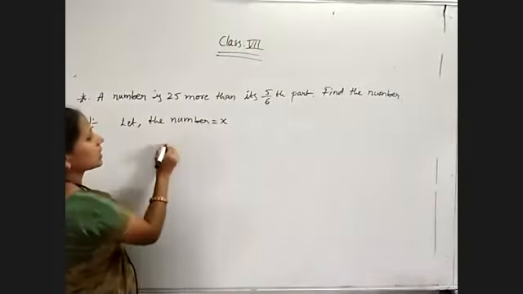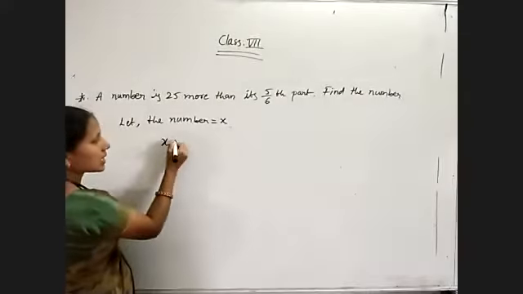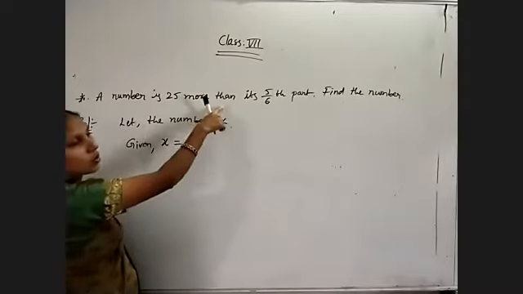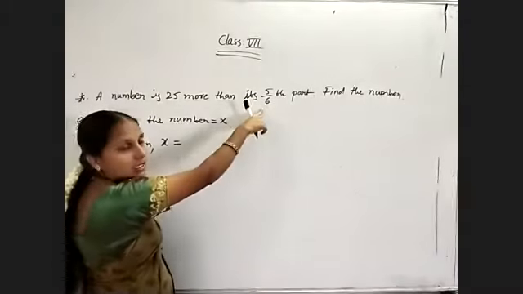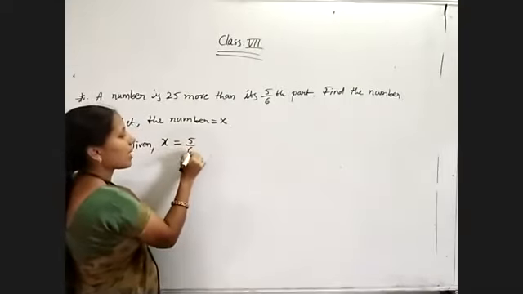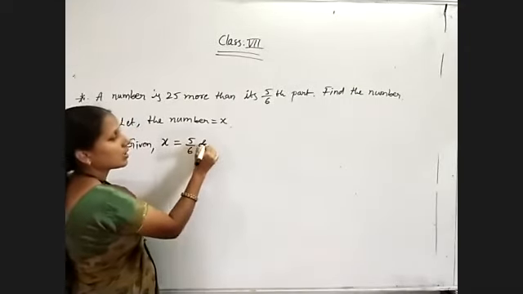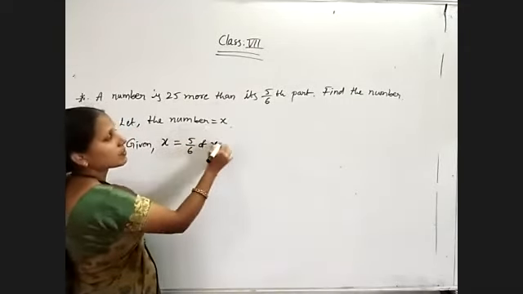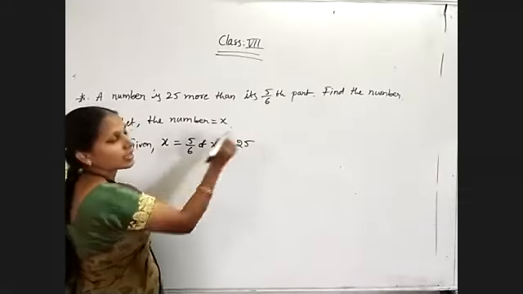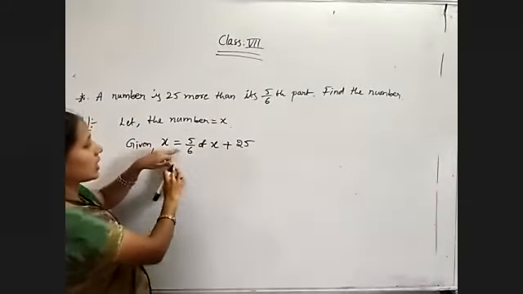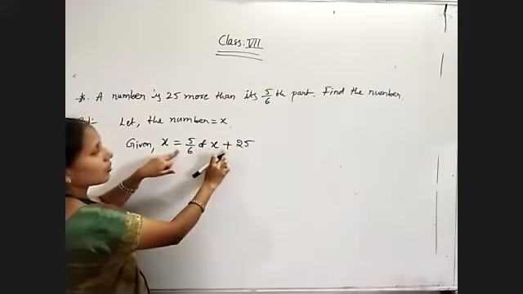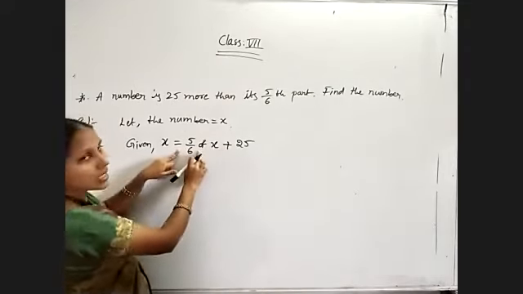That means x is equal to, a number is equal to, so that number I have taken as x is 25 more than 5/6 part of it. 5 by 6th part of x, more than means plus 25. That's it. A number is 25 more than its 5 by 6th part.